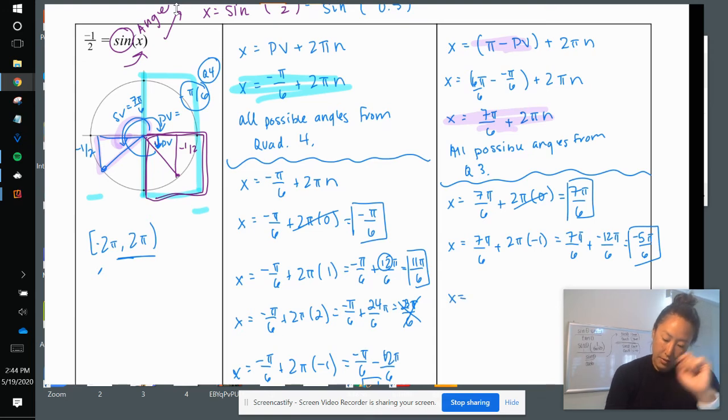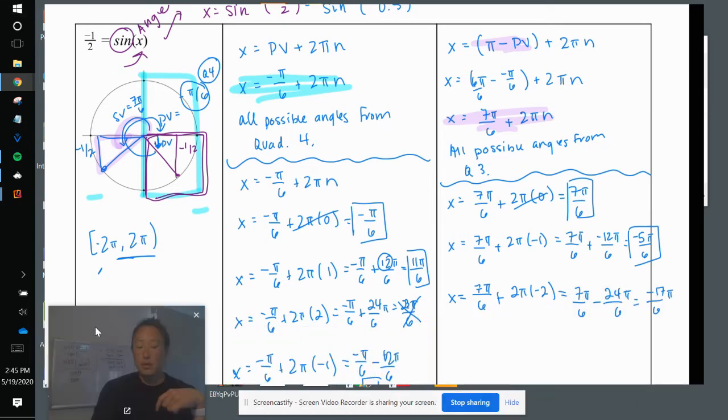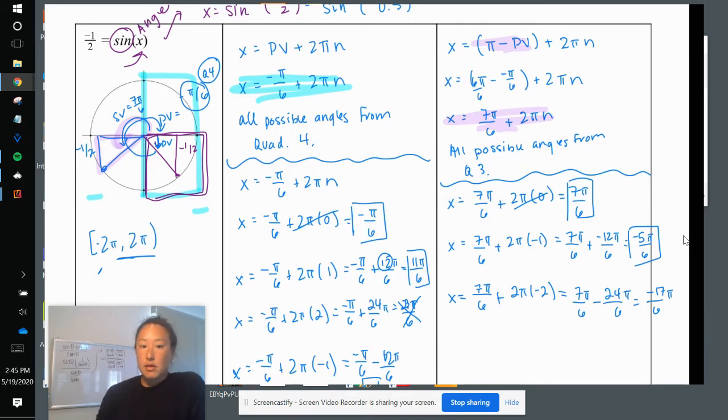If I try another rotation, 7 pi over 6 plus 2 pi times negative 2 rotations, that would be 7 pi over 6 minus 24 pi over 6. 7 minus 24 is negative 17 pi over 6. That is greater than 2. 6 goes into 17 more than 2 times, so that is not an answer.